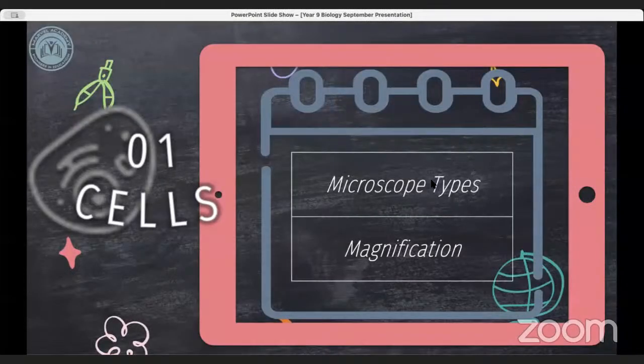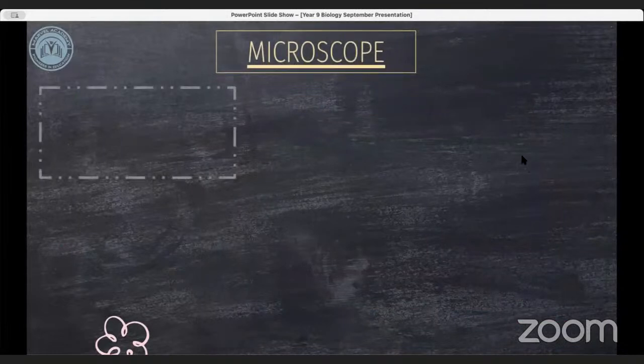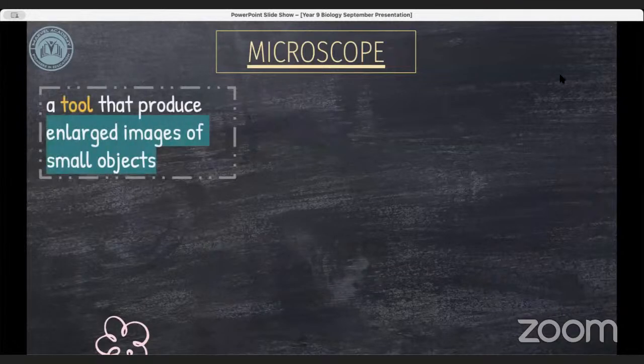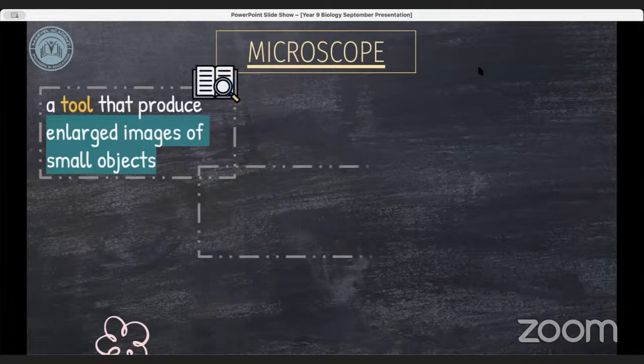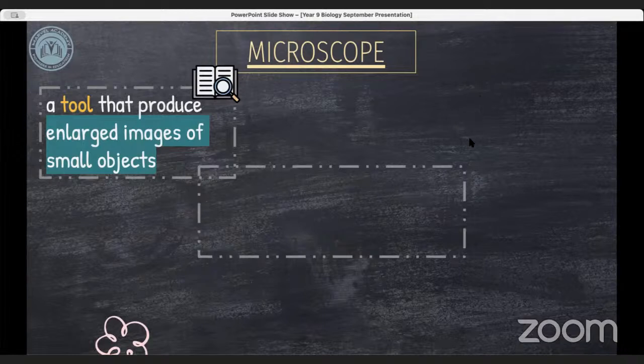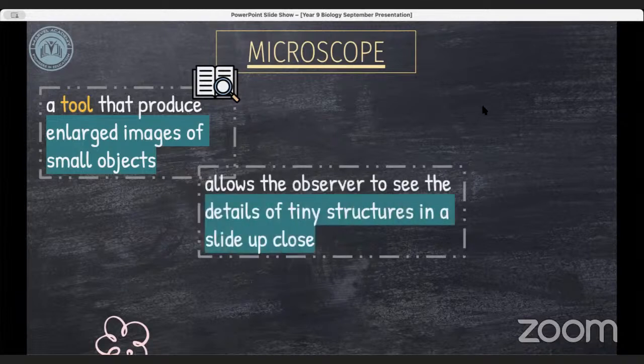Now let's go to microscope types and magnification. Right. So now children, why do we need a microscope? To see things that are not visible to our eye, right? So they can be small items, especially the cellular organelles that are not visible. So we will be able to see them, right?